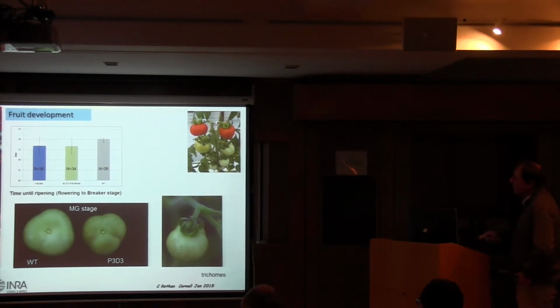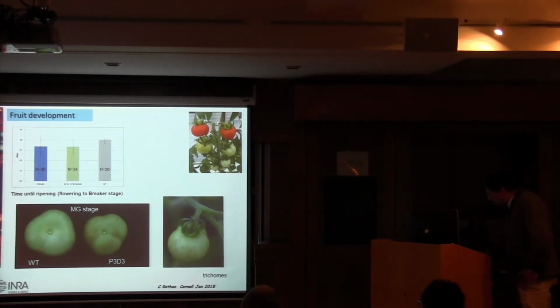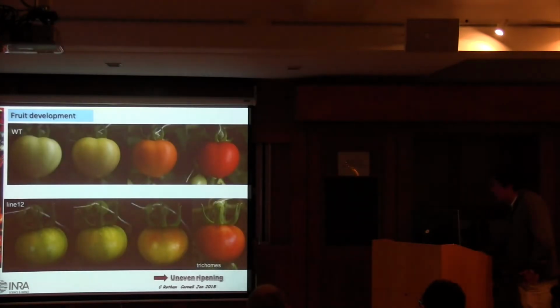And we have also looked at different traits. The time until ripening is more or less the same, even shorter in that mutant. We have some defects which are not cuticle defects, these brown spots.